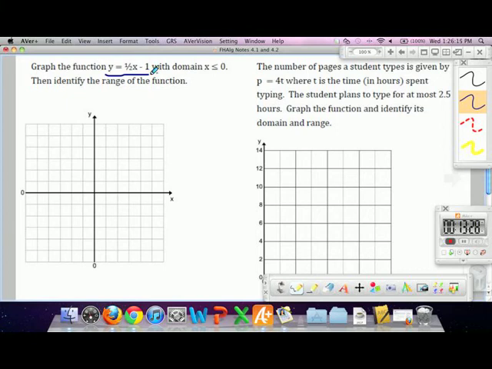So if I'm graphing this with a table of values, let's pick some x's that you're allowed to use. I want 3 or 4 x's that we're allowed to use. Okay, 0. We can pick 0 as allowed, because x is less than or equal to 0. What's another one we're allowed to use? -2 we could choose.